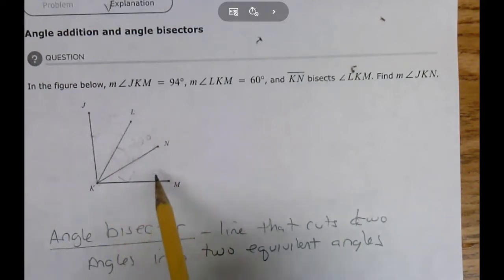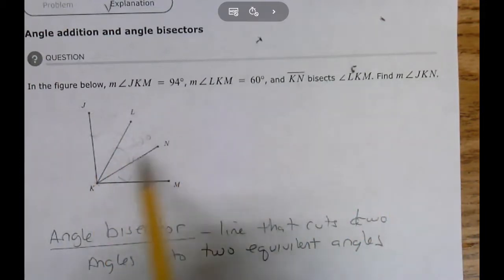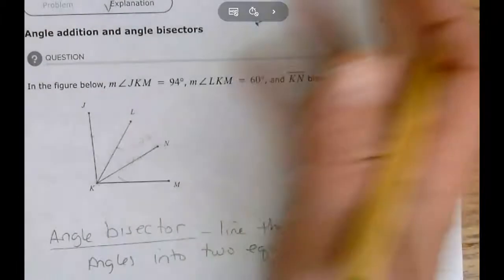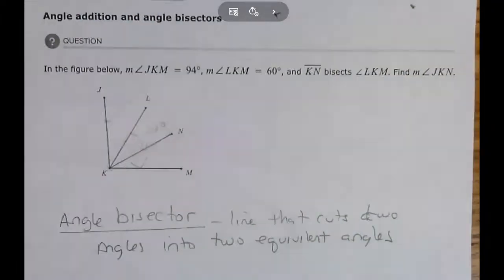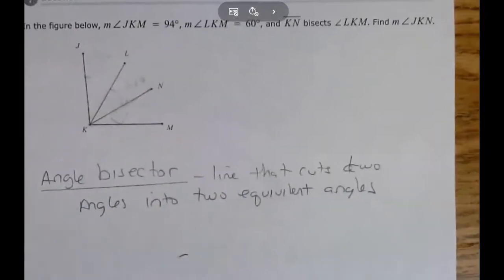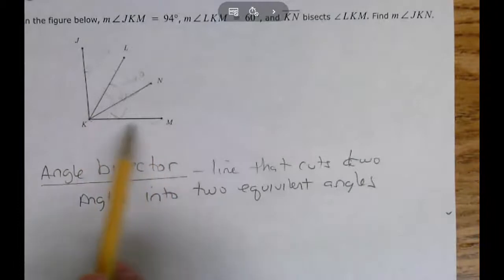So how can we use that to solve for the angle we want to know, JKN, which is kind of a weird one? Let's look at what we do know and decide which angles we want to know. Probably our best strategy is to start with the one thing we know, the whole angle.